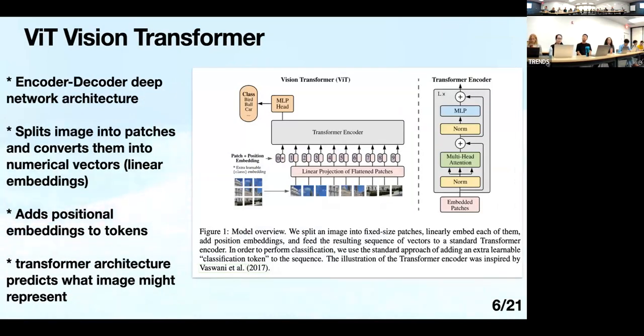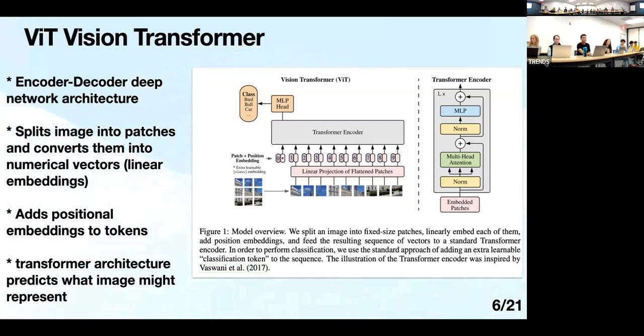So people wanted to try to extend this language transformer model to working on images. How it works is we take in an image and split it into fixed size patches. Each one of these patches can be linearly embedded into some kind of numerical representation that can be fed into a transformer encoder.